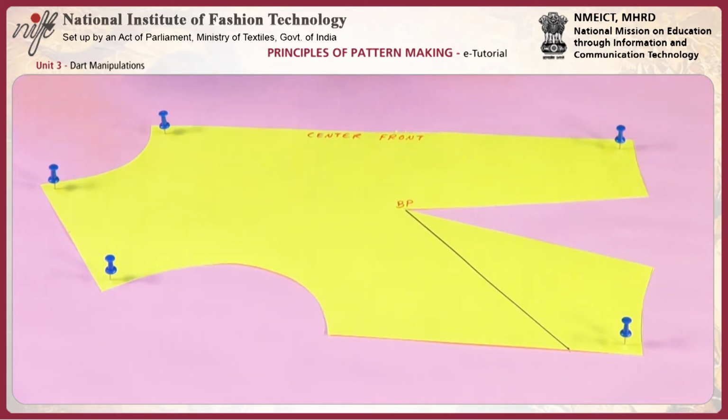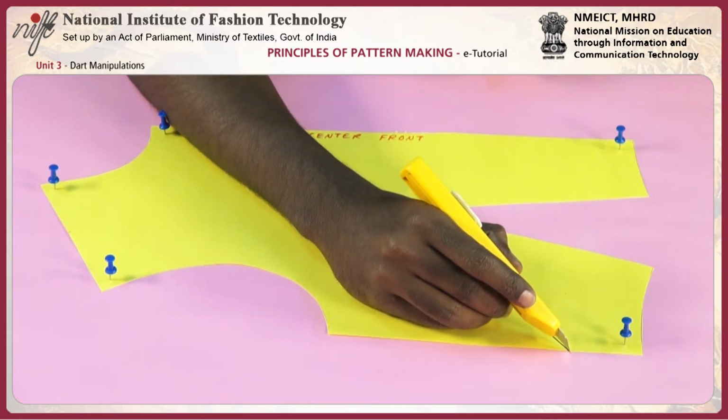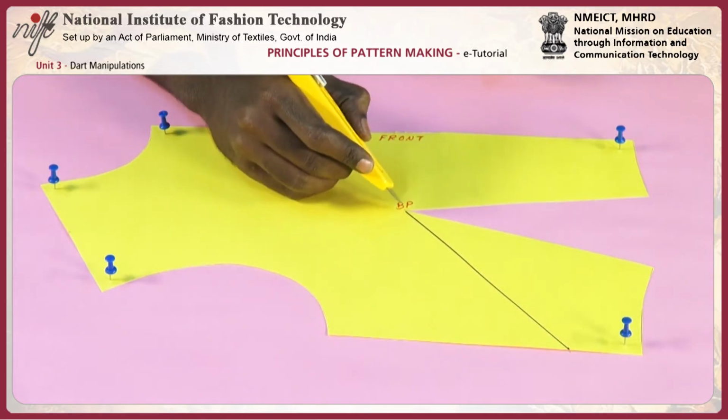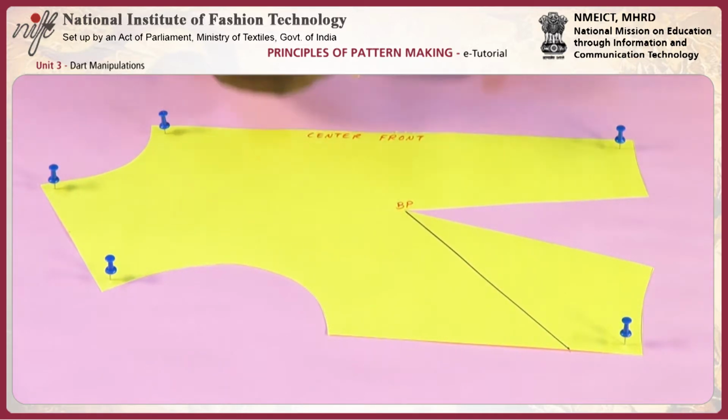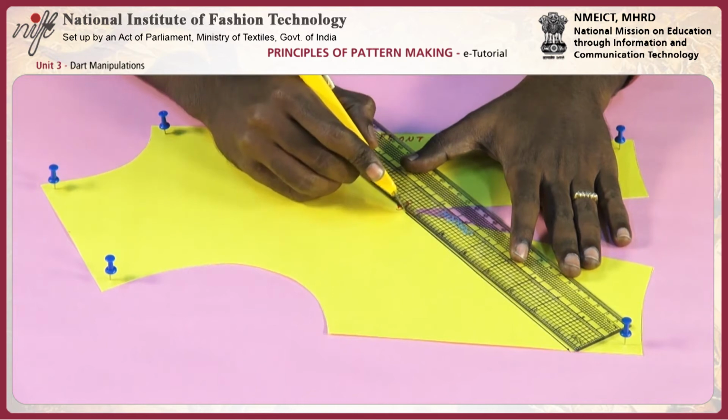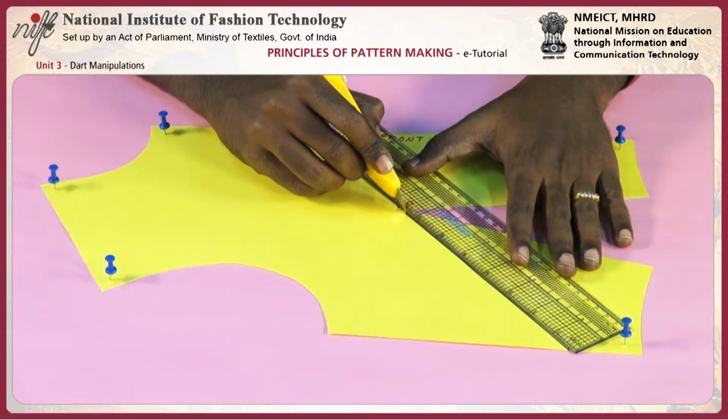Slash the pattern. Cut from the edge of the side seam to the bust point. Stop 1/8 inch before so that you can spread the pattern.